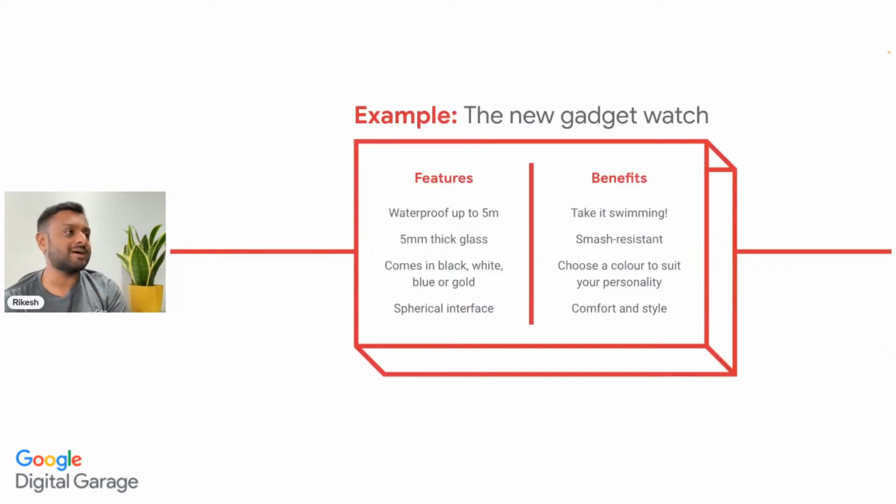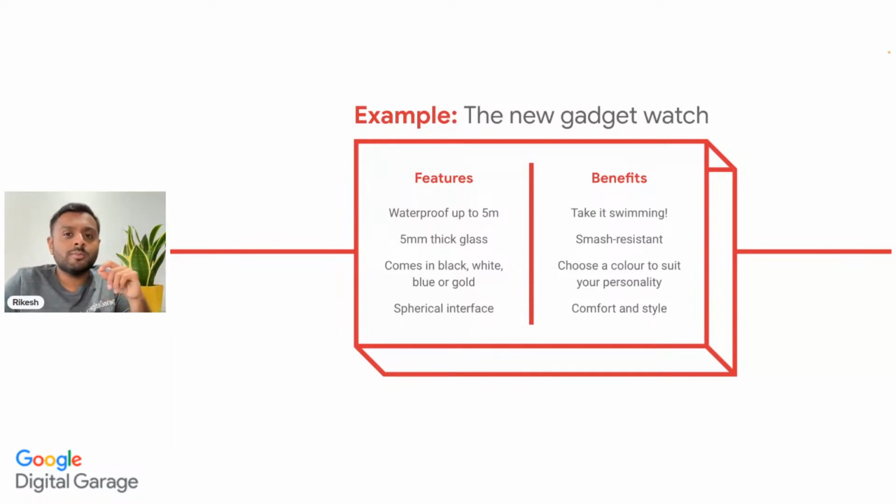So if we look at this with an example, say we are a business and we are selling a new gadget watch. If we actually led with features such as it's waterproof up to 5 meters, it's got 5 millimeters of thick glass, comes in various colors, and it's got a spherical interface.